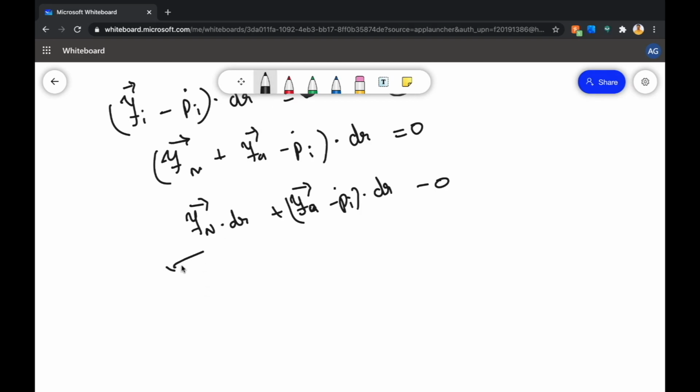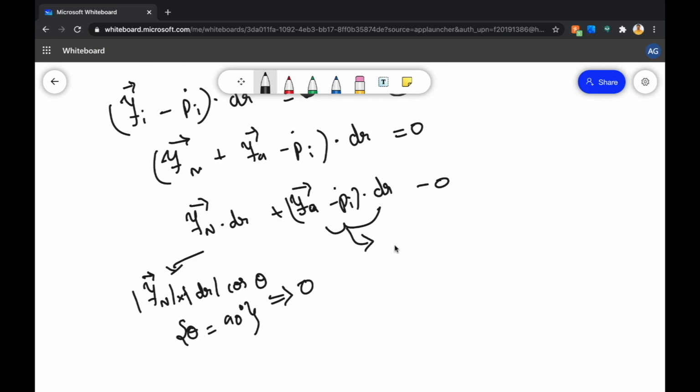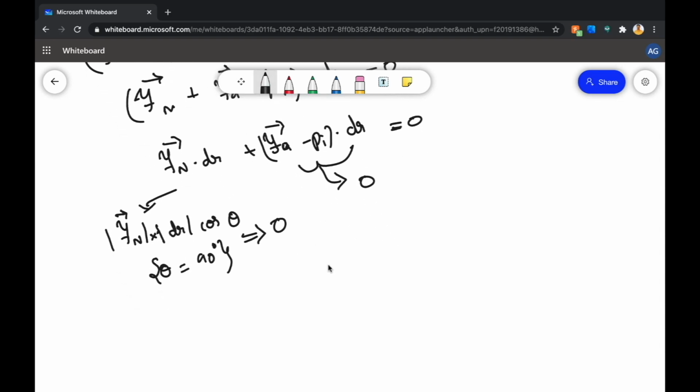Now I can write Fn dot dr as mod of Fn into mod of dr cos theta, where theta equals 90 degrees here. So this would be 0, and the remaining part must also be 0. So I can write this as (Fa minus p dot of i) dot dr equal to 0.